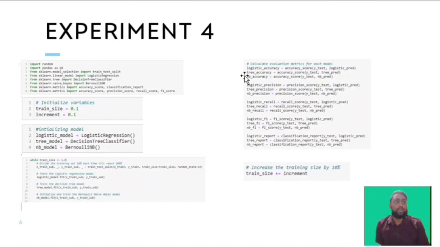Once it gets the accuracy and all the metrics after it runs, it goes over here, the training size increments by 0.1 again, so it goes to 20 and runs the code again until it reaches 100%.